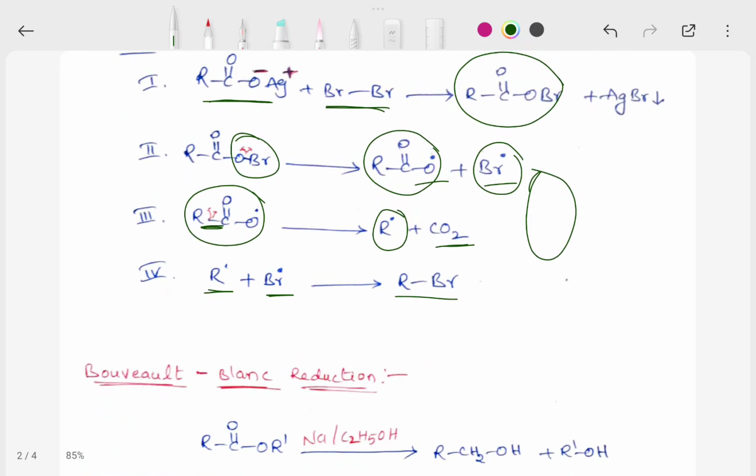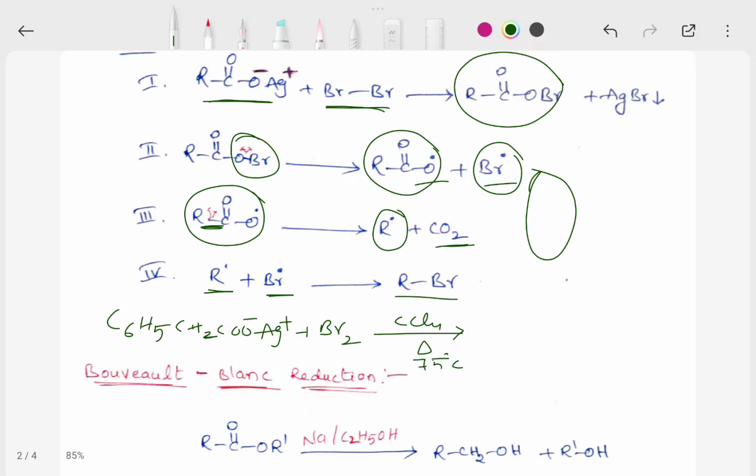For example, C6H5CH2COO-Ag+, silver phenylacetate, plus bromine in the presence of carbon tetrachloride and heating at 75 degrees centigrade.